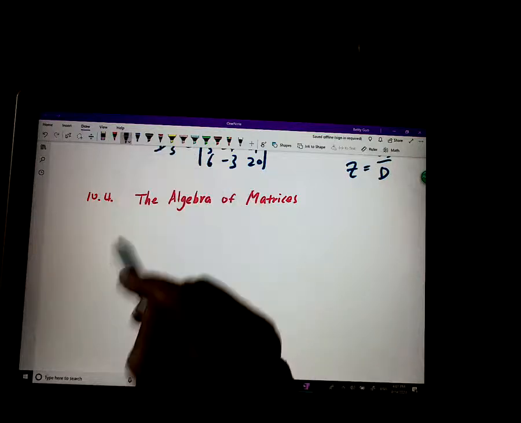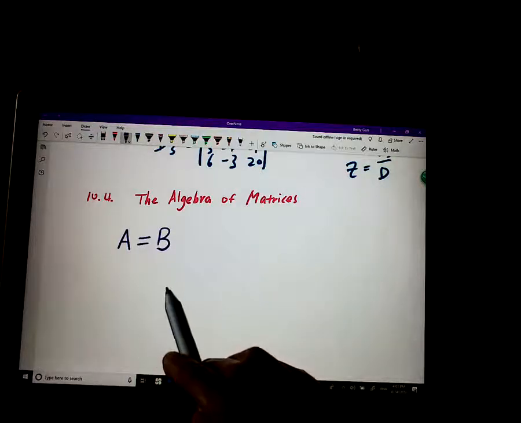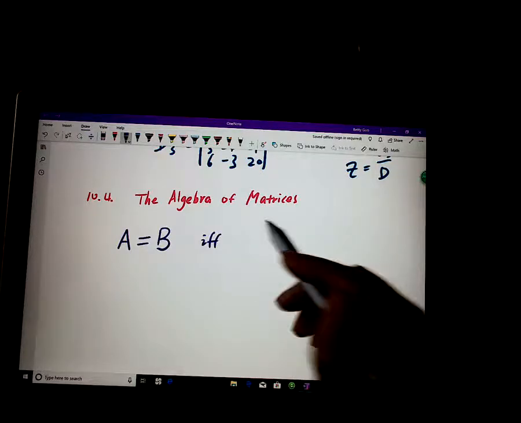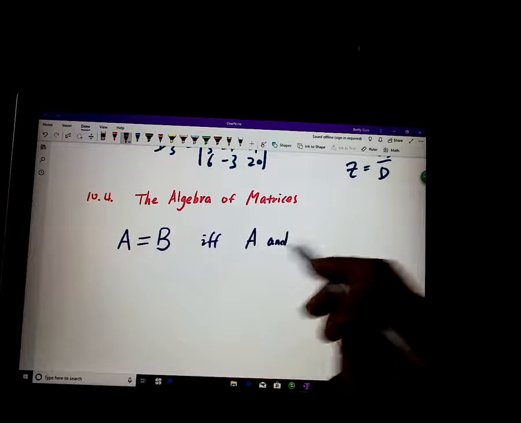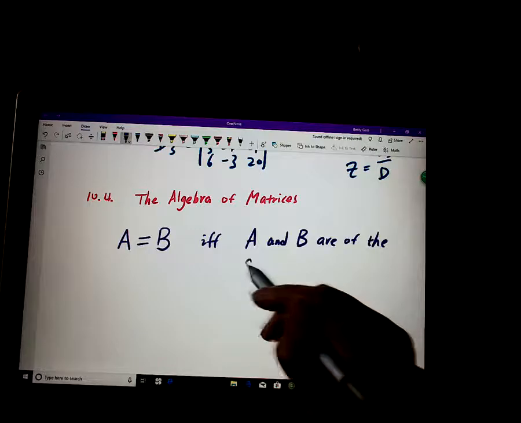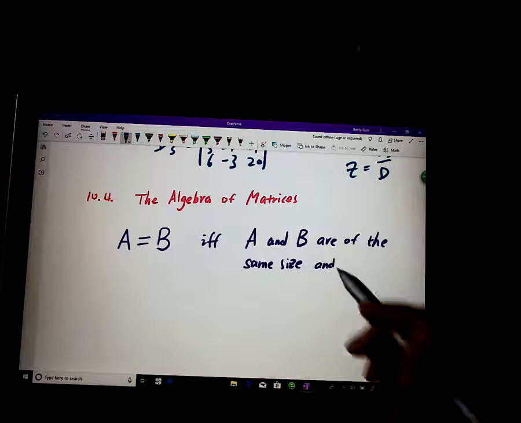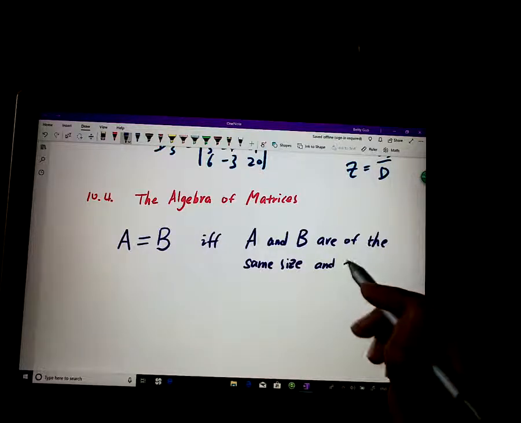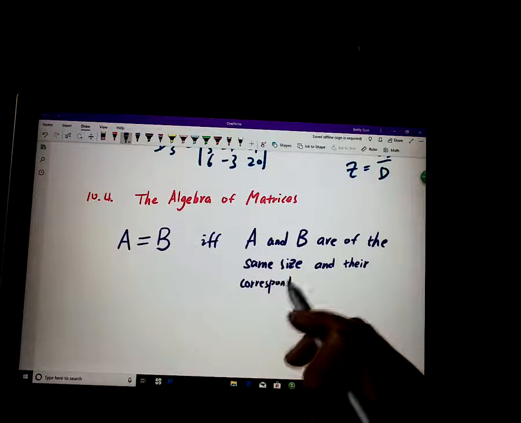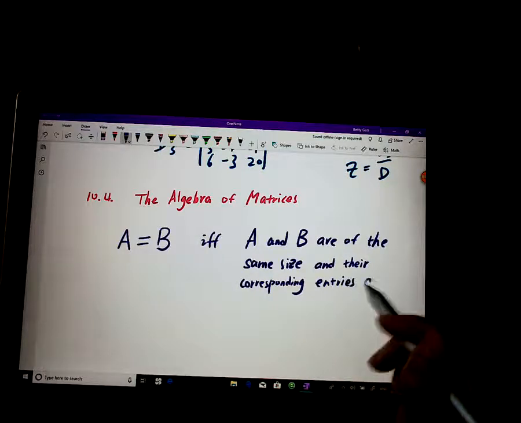Let's say we have matrices A and B. Two matrices are equal to each other if and only if A and B are of the same size, and their corresponding entries are equal.